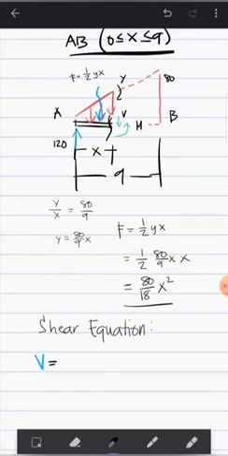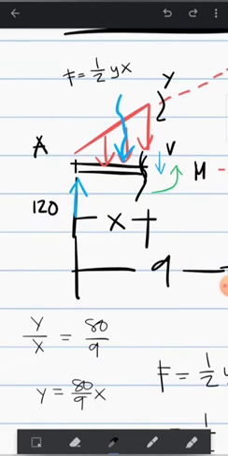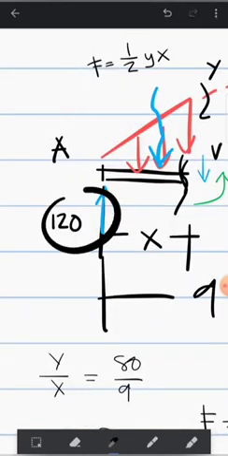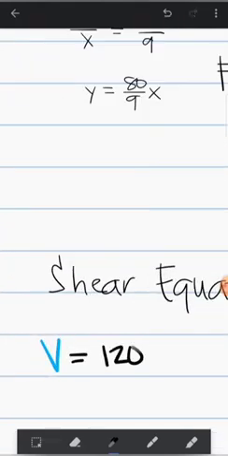Ang ato ra timan-an is all the forces that go down must be equal to all the forces that go up. So up equals down. So dire, since V is going down, all that's opposite to it, just like this 120, on the other side, positive na siya. Mao siyang equals 120 if opposite sila. So V is equal to 120.